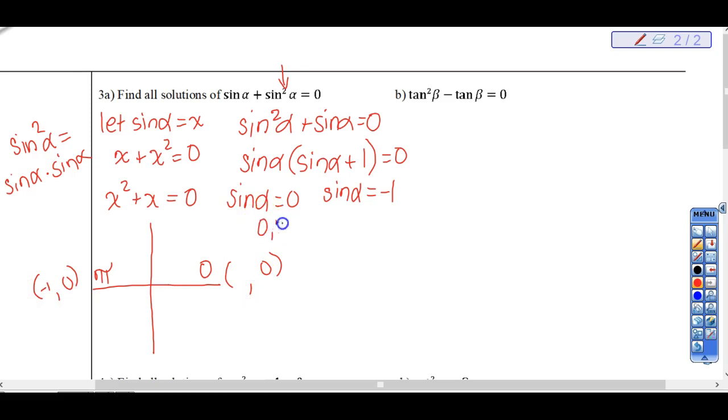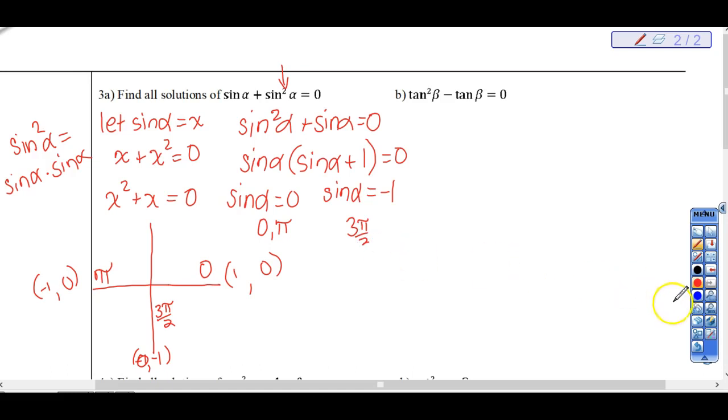So there we have 0 and pi as solutions already. And then the sine of alpha equals -1. That only happens once on your unit circle down here at 3 pi over 2.